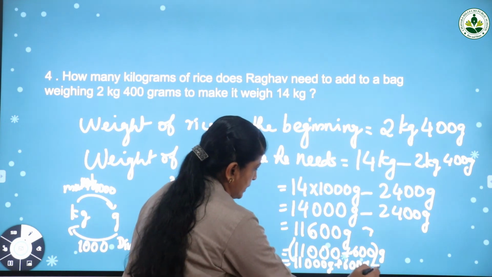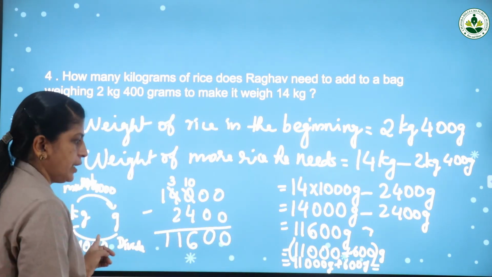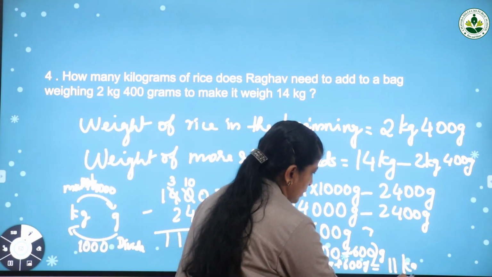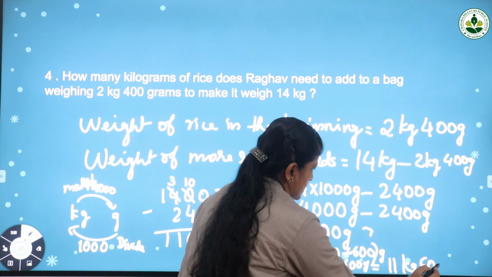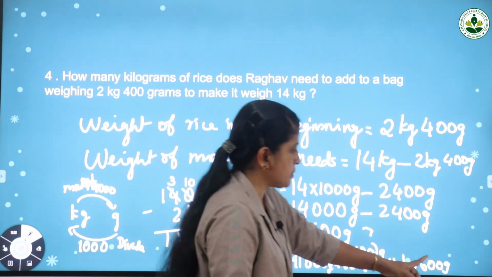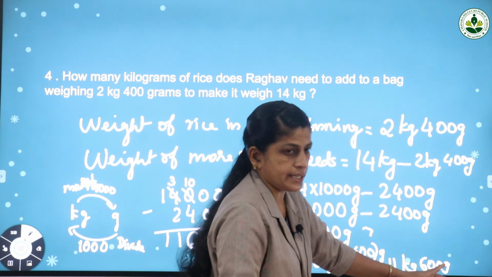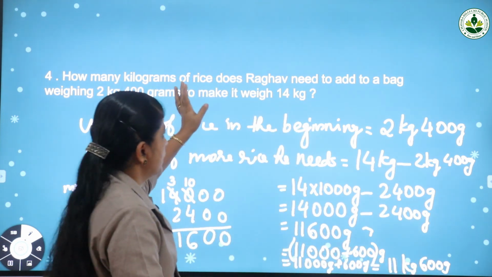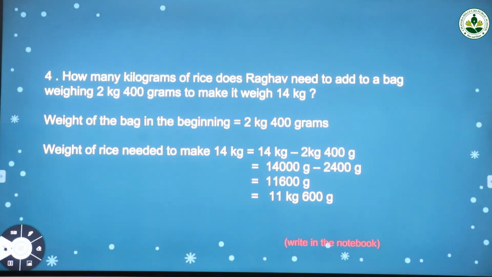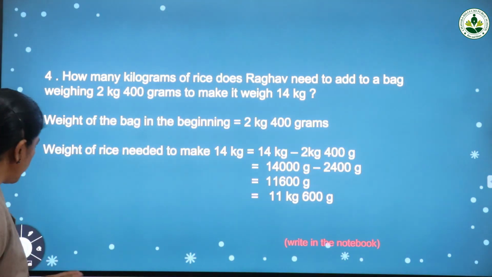And we know that 11,000 gram is 11 kilogram and 600 gram. That means he needs 11 kilogram 600 gram of rice more to make the weight of the rice 14 kilogram.